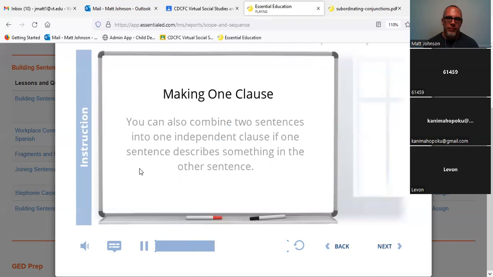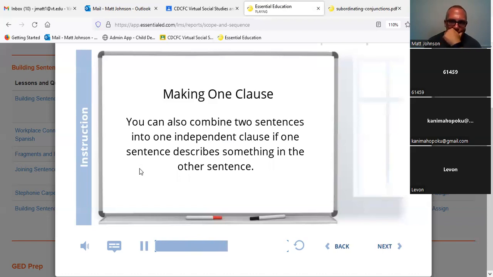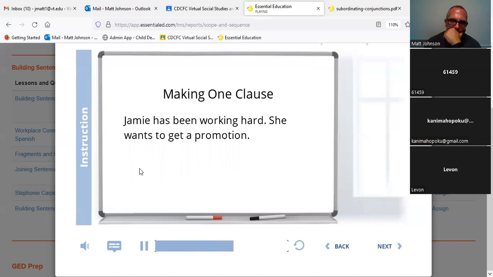You can also combine two sentences into one independent clause if one sentence describes something in the other sentence. Sentences often have descriptive words and phrases to explain more about the subject, verb, or object. Sometimes a whole sentence can be shortened into a descriptive phrase. Look at these sentences. Jamie has been working hard. She wants to get a promotion.